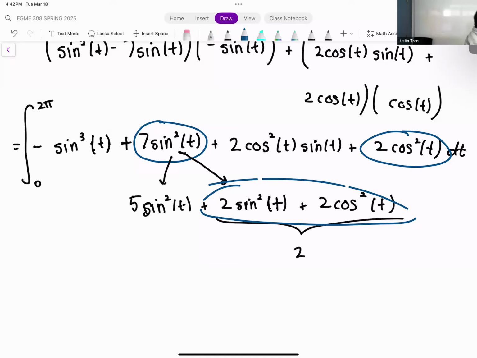Just know that you can evaluate this integral. We're in a similar position that we were in at the end of class on Thursday. But if you utilize your trig identities here, what you'll find out is that this integral here is equal to 9 times pi. Okay.